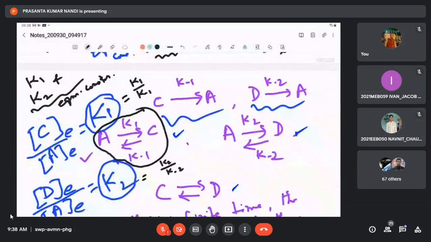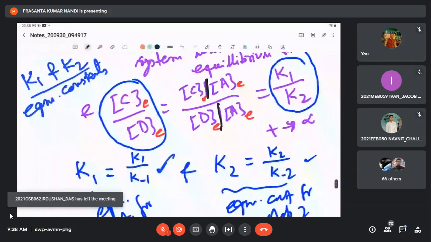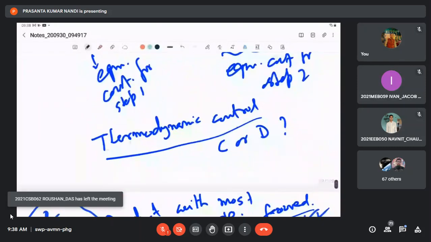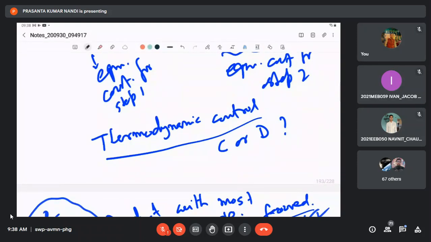So I can write simply: delta G equals delta G0 plus RT ln Q. Q stands for the reaction quotient.